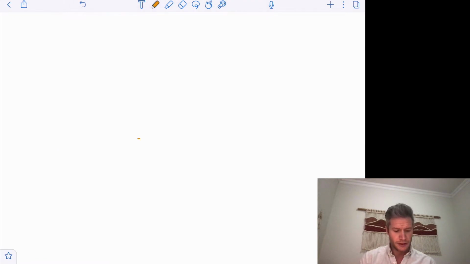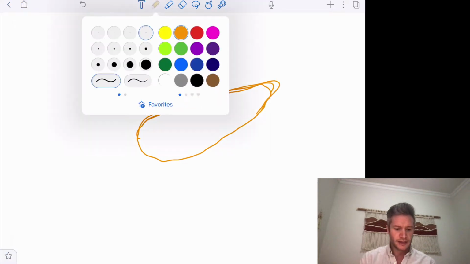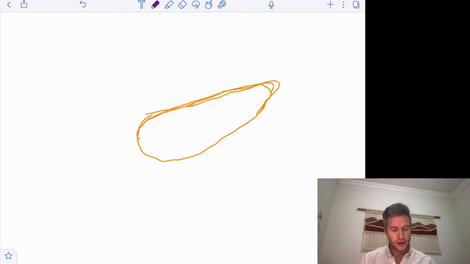So typically we've got the head, neck, and tail of the pancreas. Kind of looks like something like that, general shape. And of course we'll have our duodenum close by, usually depicted something like that.